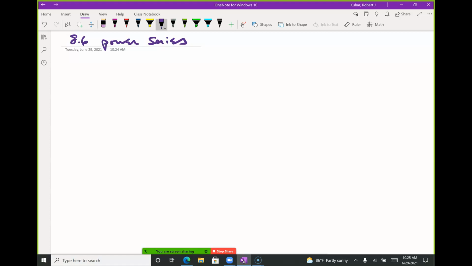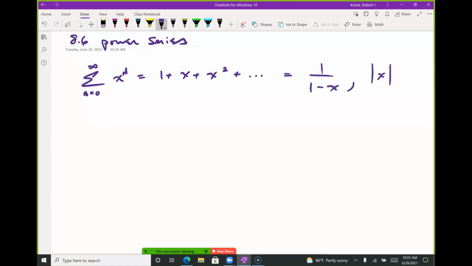So the first thing we want to do is remind ourselves of that power series. So we had the series from n equals 0 to infinity of x to the n, which was 1 plus x plus x squared, etc. And we saw that turn into 1 over 1 minus x, with a radius of convergence of absolute value of x less than 1.